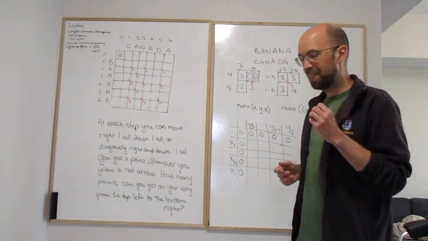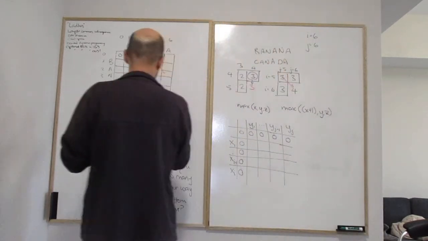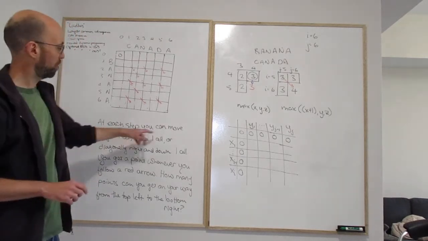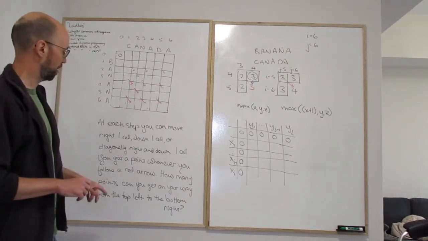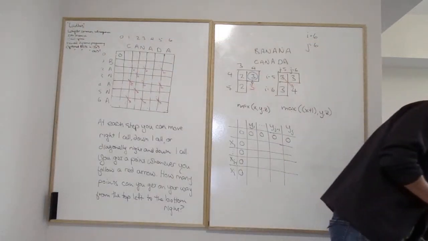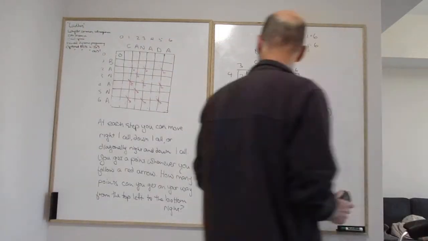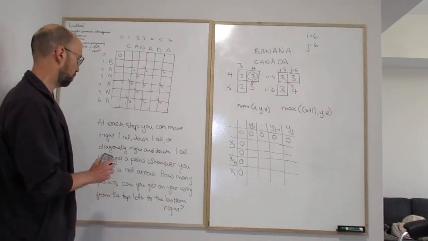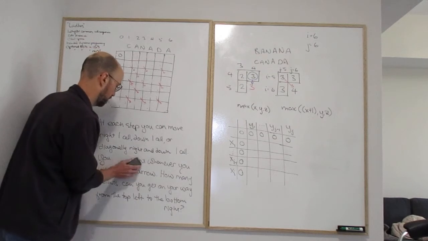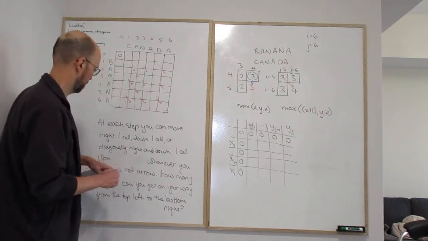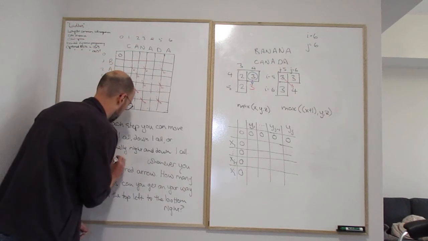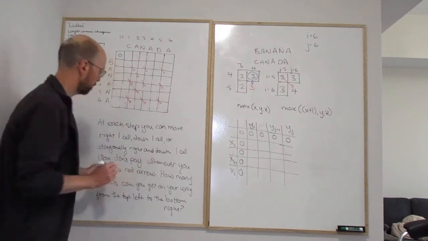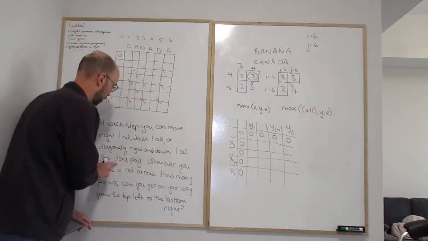So the idea is, now I'm trying to get from here to here, but at each step you can move right one cell, down one cell, or diagonally right and down one cell. But you don't pay whenever you follow a red arrow.